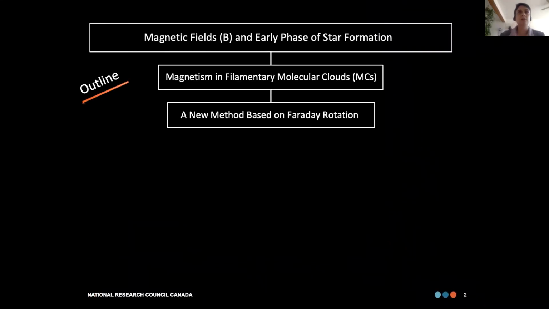So the talk today, as a big picture, focuses on magnetic fields in early phases of star formation, and more specifically it looks at magnetic field in filamentary molecular clouds. It revolves around a new method that we proposed and demonstrated, based on Faraday rotation, to detect the line of sight component of magnetic field in molecular clouds.